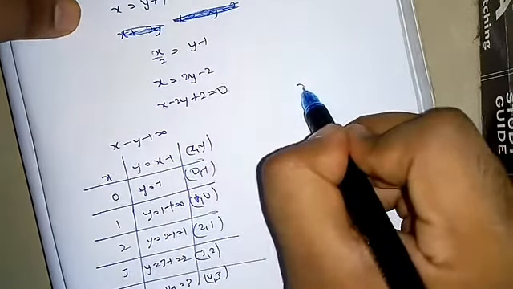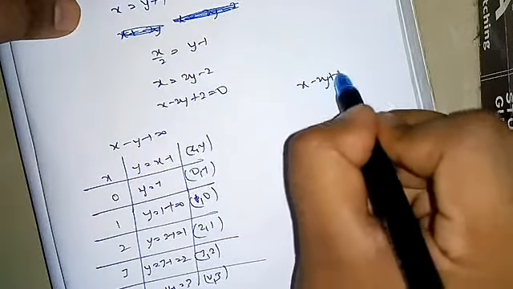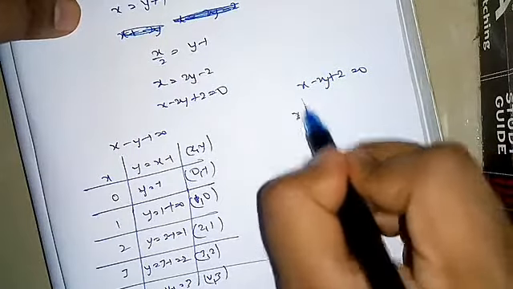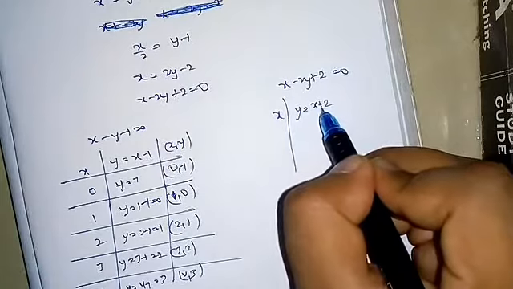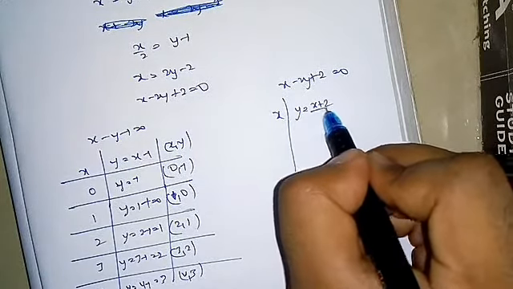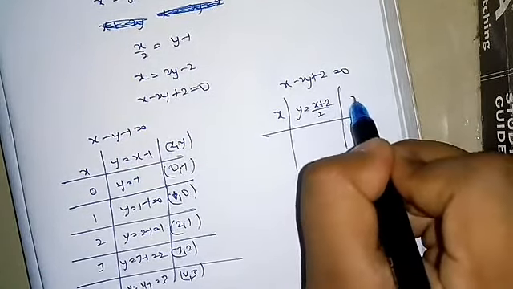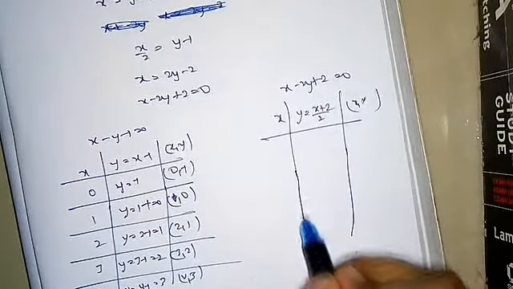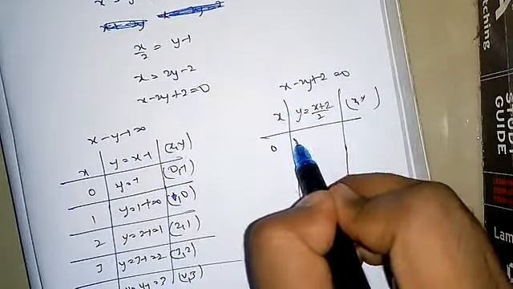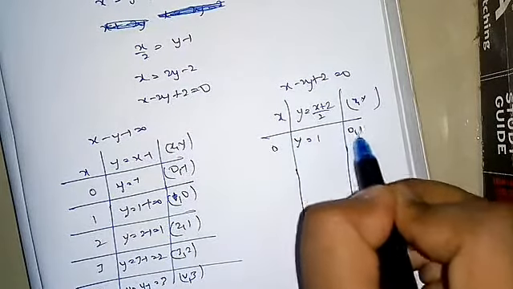Next for the second line, x minus 2y plus 2 is equal to 0, y will be equal to x plus 2 by 2. For x equal to 0, y will be 2 by 2, which is 1, so 0 comma 1.